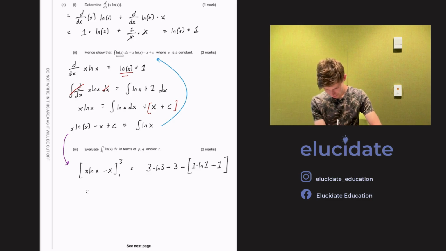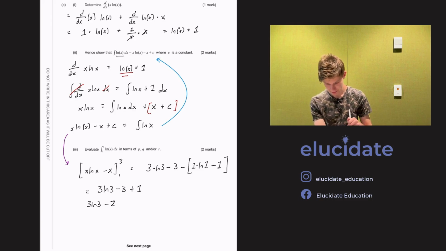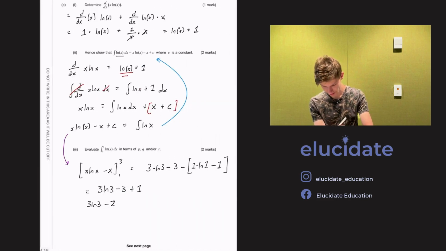Okay, so when we evaluate that, we're going to end up with 3 ln 3 minus 3 minus, now ln 1 is 0, so that term is going to disappear, minus minus 1, that is going to be plus 1. So we end up with 3 ln 3 minus 2. We're asked to leave that in terms of P, R and Q, so we see that Q is ln 3, so we can just say that that is 3 times Q minus 2. That is that question.